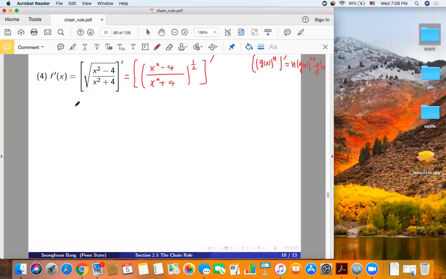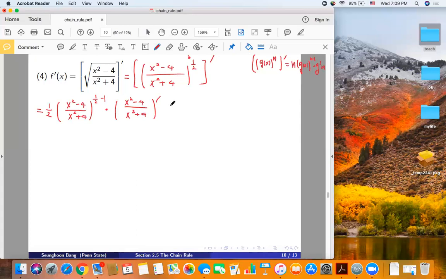So what's that? This is the same as here. n is 1 over 2. We have x squared minus 4 over x squared plus 4 to the power 1/2 minus 1 times the derivative of x squared minus 4 over x squared plus 4.